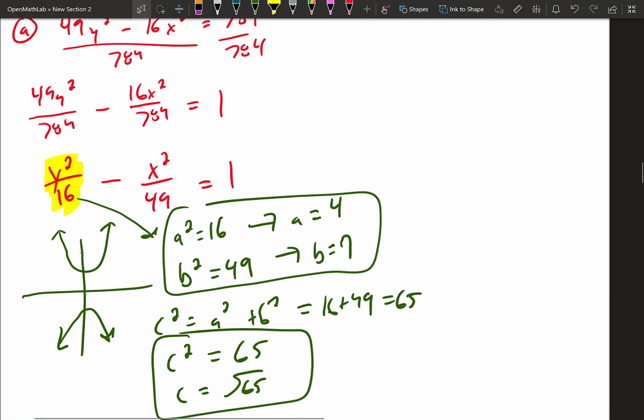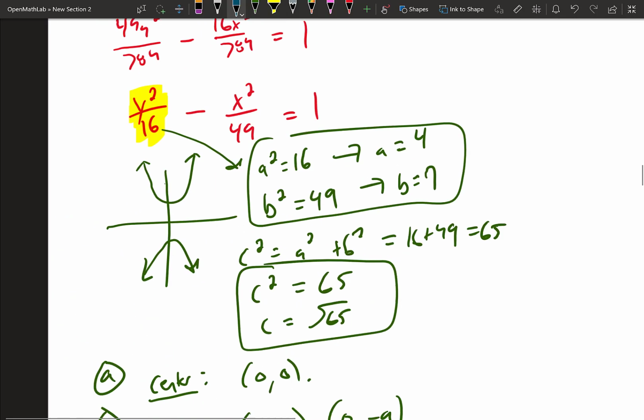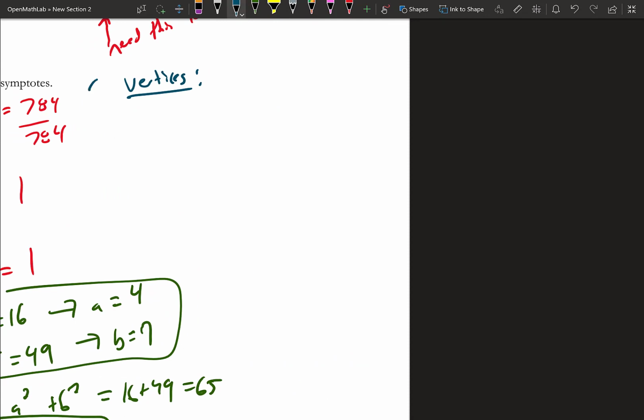All right, so I'm going to come over here. Let me change colors. So next, we want to find the vertices, or wait, I already found the vertices. We need the foci. So this is part C, foci.